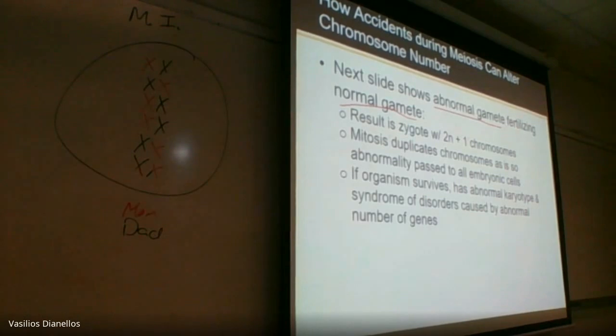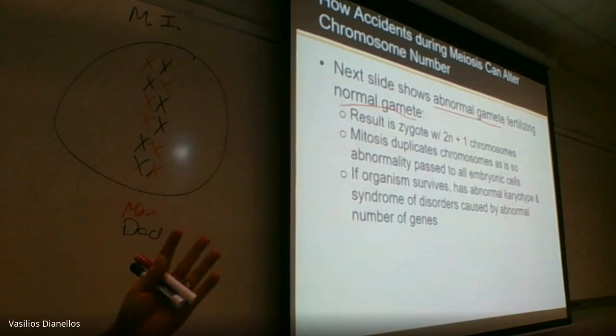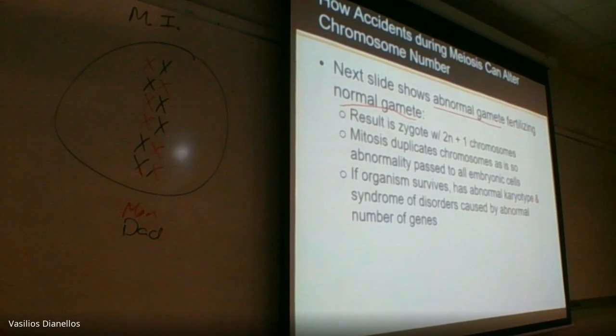So that would definitely be a test question. When you mix a haploid gamete and a haploid gamete, you get a diploid zygote. Anyway, in this particular case, not always, but in this particular case, this will make more sense when I show you the picture, the result is a zygote that has one extra chromosome.